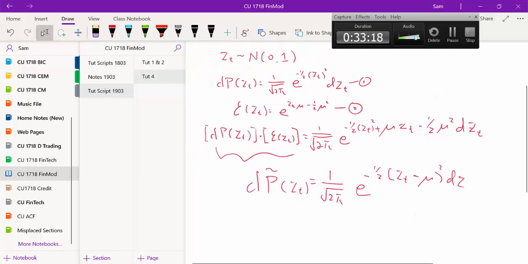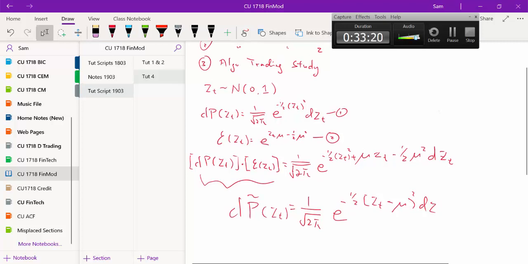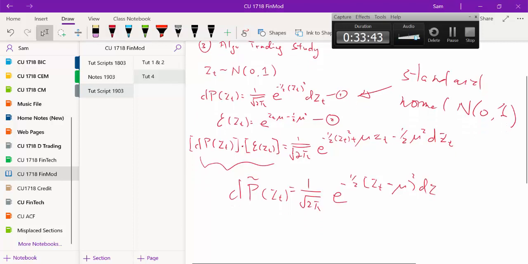Now you must be wondering, what have you actually done? If you look carefully, this is the standard normal with mean 0 and variance 1. Now this one here is not the standard, but it's the normal where the mean is mu and the variance is still 1.